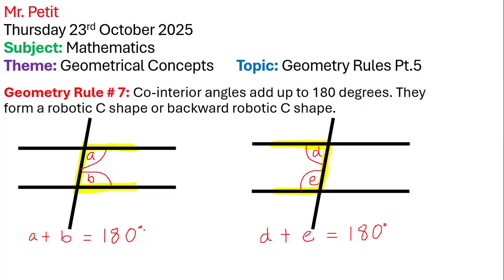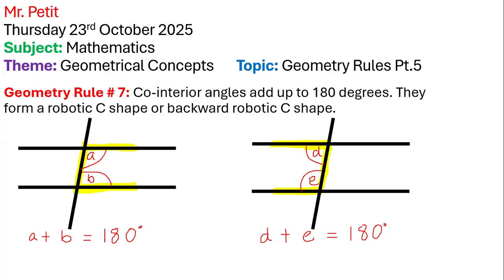Does that make sense to everyone? Let me know. Yes, sir. That's good. So what type of angles do we call them? Co-interior angles. Very good. And co-interior angles add up to 180 degrees.